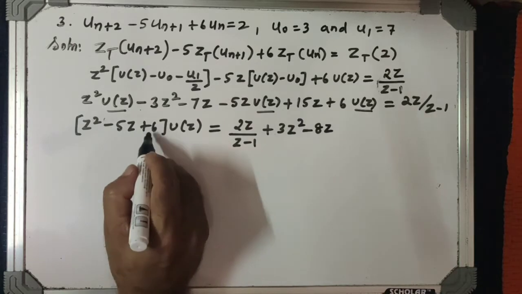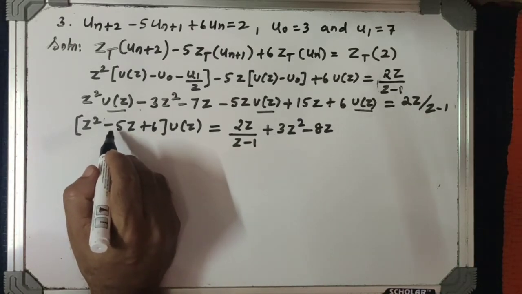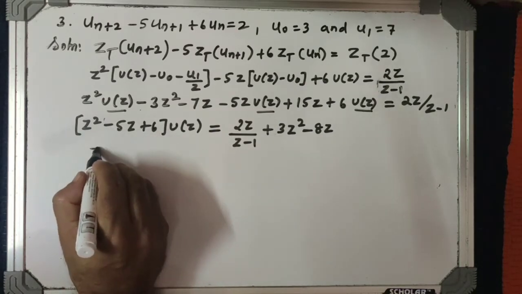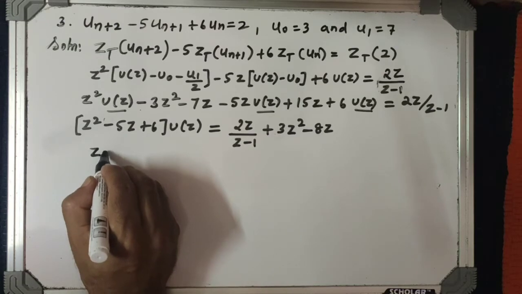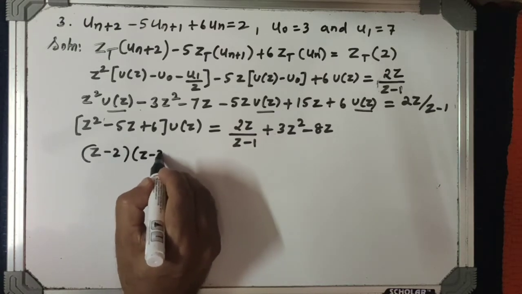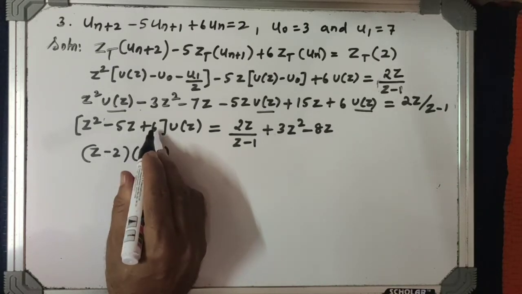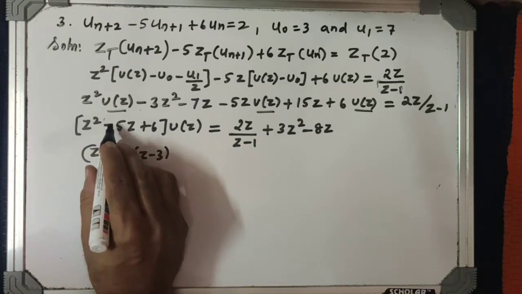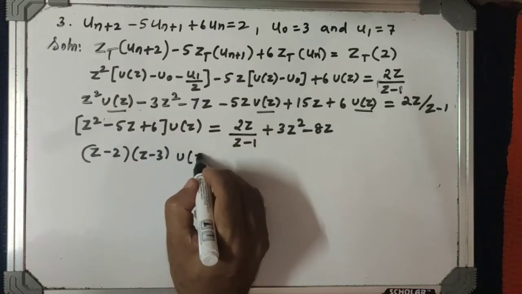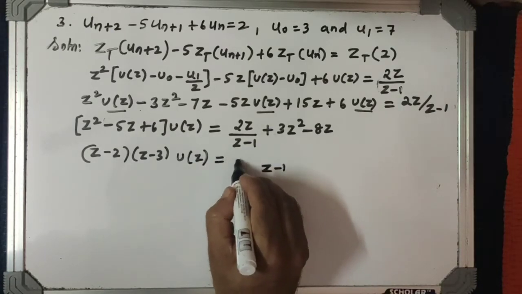This you can factorize. The factors of 6 are 3 into 2, minus 3 into minus 2; minus 3 minus 2 is minus 5. Therefore the factorization of z square minus 5z plus 6 is z minus 2 into z minus 3. So this is the factors, into U(z), which is equal to z minus 1 as the LCM.